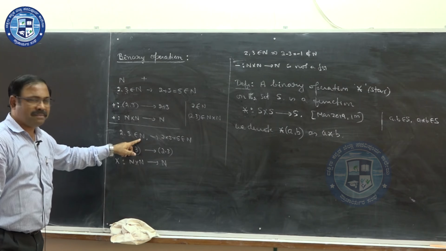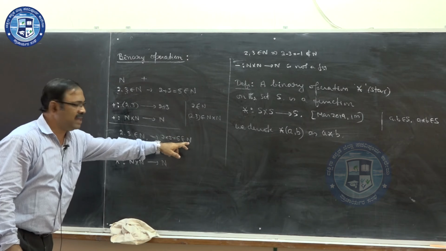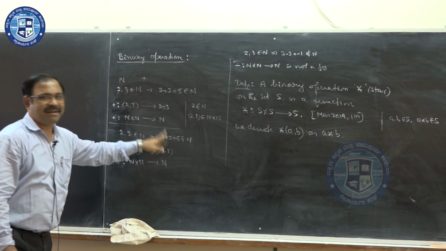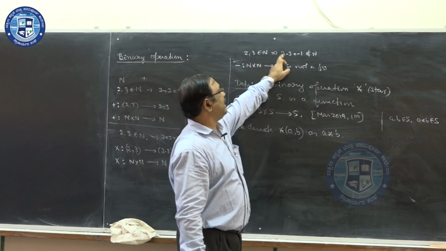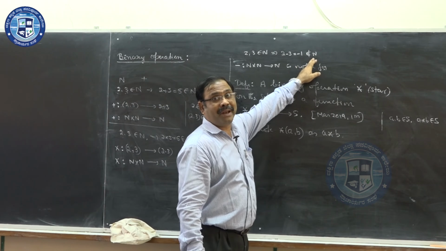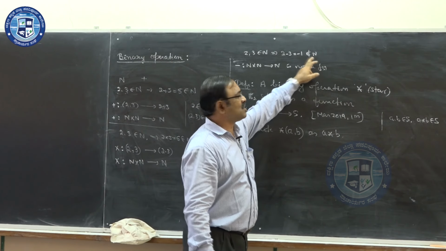What if star is multiplication? A comma B belongs to N, A star B does not belong to N. That is why it is not a binary operation. I hope you have understood the definition clearly.